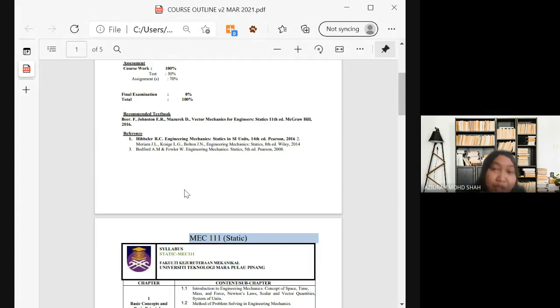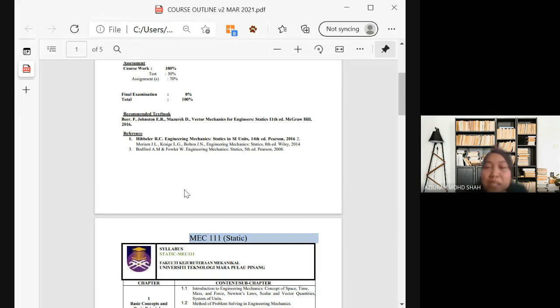Cuma kalau saya dapat, maksudnya kamu pun boleh dapat lah. Ada e-book lah. You boleh tengok dekat internet, ikut kemampuan kamu lah, ataupun you can ask all the seniors yang dulu-dulu, kot dia ada buku-buku yang boleh jual kat kamu.